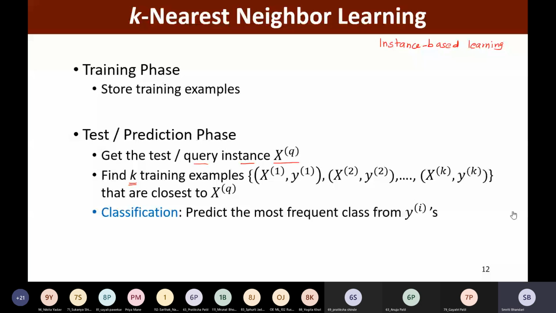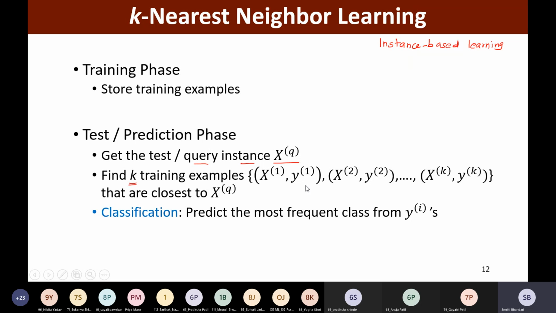If the problem is a classification problem, then what we do next is predict the most frequent class from the yi's. After finding the k training examples, we have k yi values for these k samples.